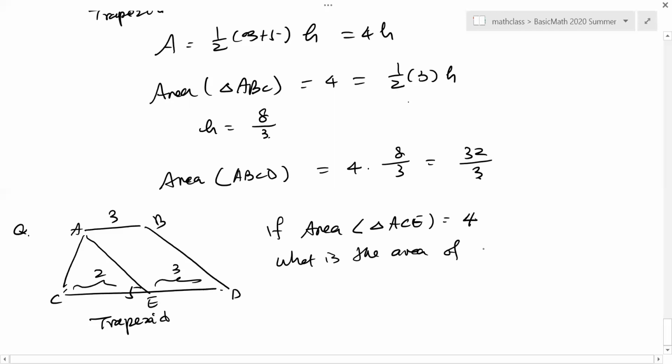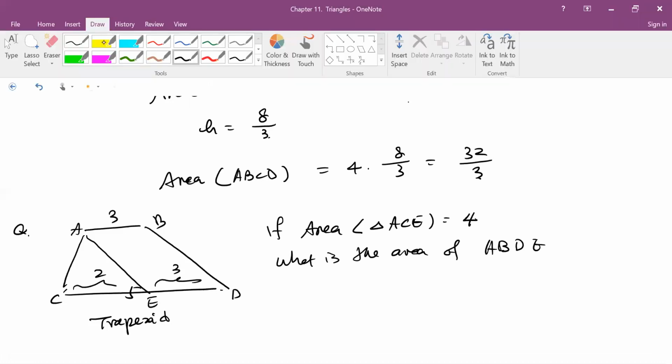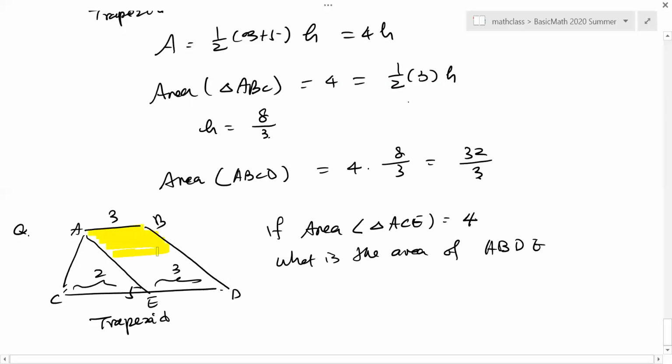Yeah, no, actually, what is the area of A, B, D, E? Okay, this one. Okay, let's figure it out.